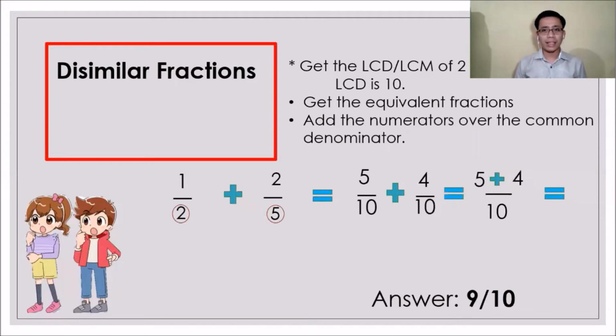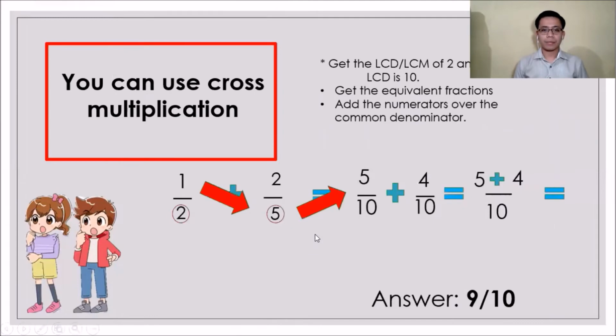Sir, bakit may LCM? Okay. Kukunin natin ang LCM or least common multiples. So how are we going to get the least common multiple of 2 and 5? Okay, you can use cross multiplication on how you are going to get it.